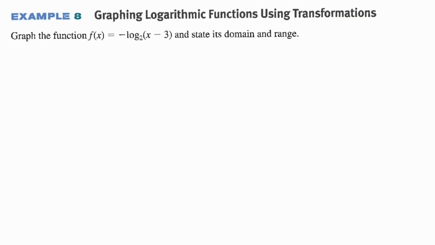All right, we'll do one more here. On this one, we're going to say x minus 3 equals 1. X minus 3 equals the base, which is 2. X minus 3 equals 0. For our t-table, again, we're going to have 4 and 5 and 3.